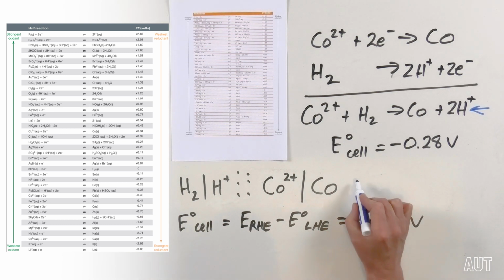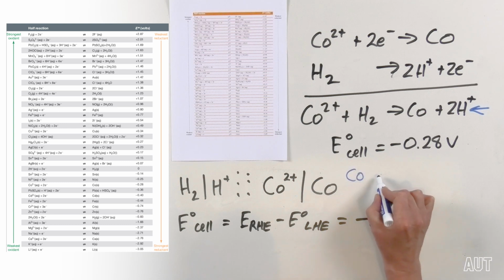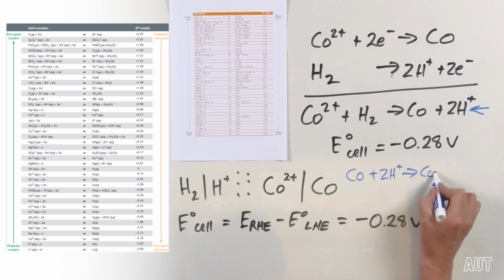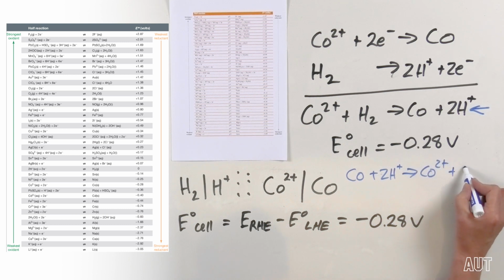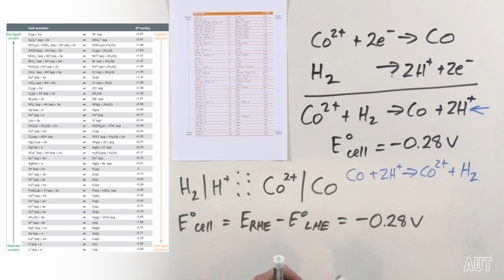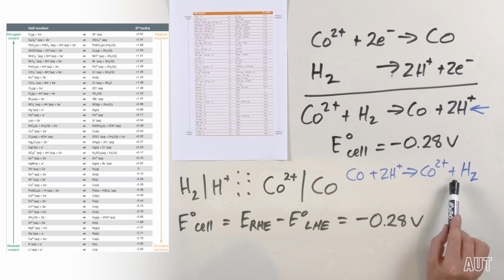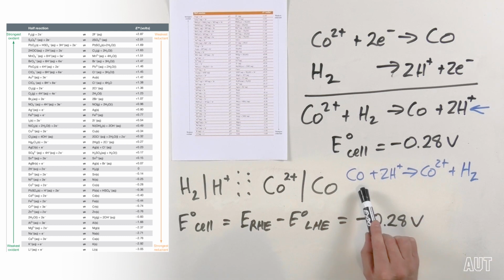Okay? So in this case, this defined cell reaction here is not spontaneous. The spontaneous process is going to be CO plus 2H plus giving CO2 plus H2. In other words, cobalt is going to reduce H plus to H2 and get oxidized in the process. Okay, so that is what a negative value of an E-naught means.